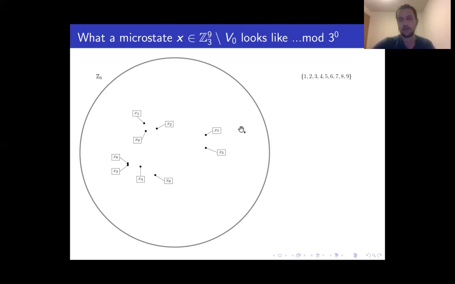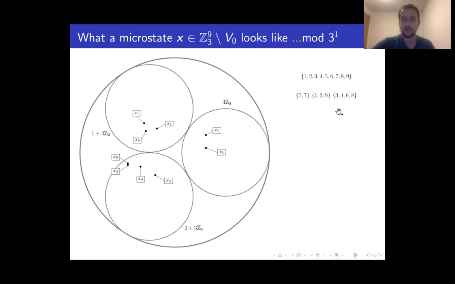If we mod out by 3 to the 0, we're modding out by 1, and everything falls into the same class mod 1, so we don't really get any new information. Notice here that I have recorded this in a partition of 1 through 9. So these are the indices of the particles. And all I'm saying with this partition is things have not been distinguished yet.